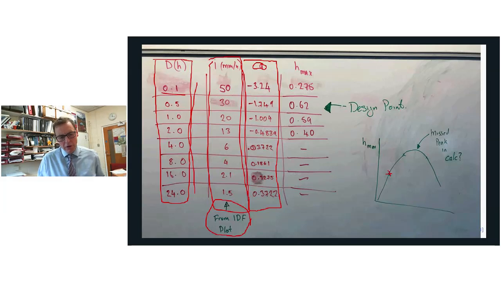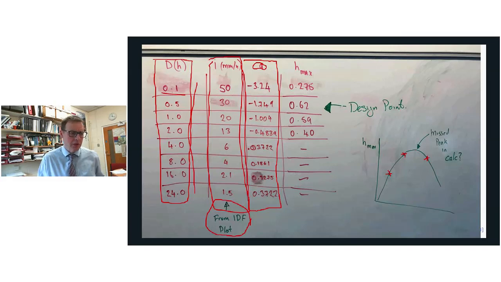What we're looking for, if you look at the plot here, is Hmax to rise and then begin to fall. What you're looking for is the peak value.